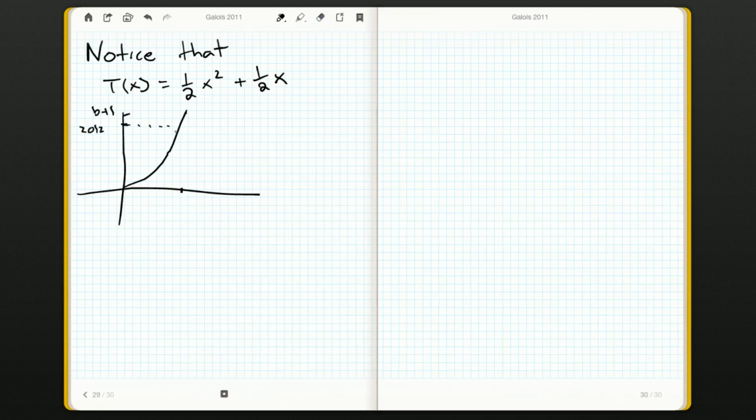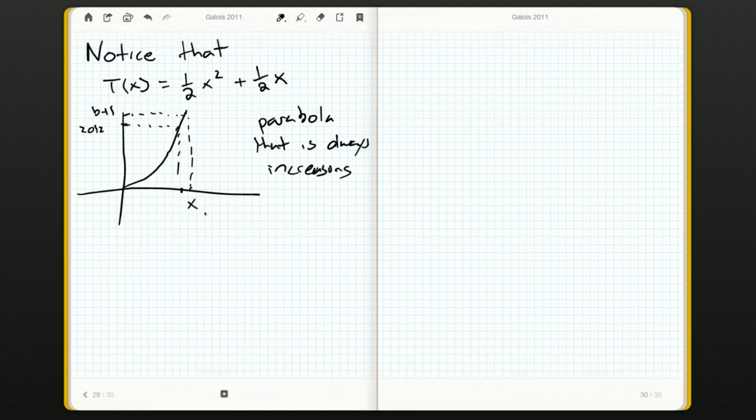There's a parabola that is always increasing. So b plus 1 has got to be greater than 2012, and it's got to correspond to an integer.